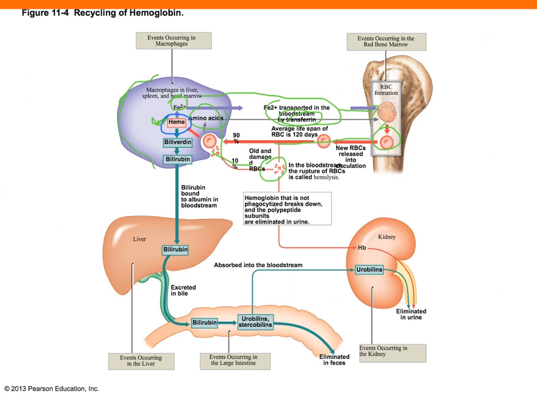And so that is going to be converted into biliverdin, which is converted into bilirubin. And then that's released into the bloodstream, and the liver cells absorb it and release it into the small intestine. So here's the liver cells, and then it's excreted in bile. And most of it is eliminated in feces as well as urine.